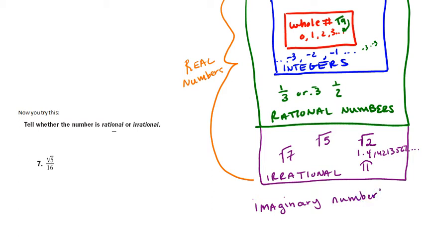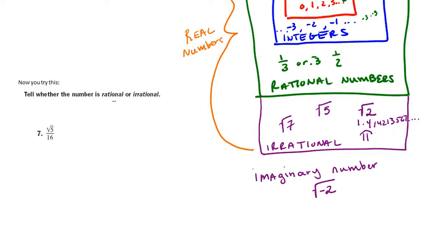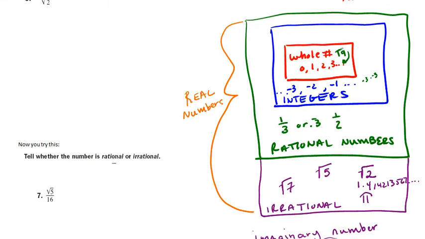Imaginary numbers don't fit into any of those categories, and they're numbers like the square root of -2. Now why would that be imaginary? Well, for it to be a square root, it needs to be something times itself. Well, 2 times 2 would not be -2. And in fact, -2 times -2 would not be -2, because a negative times a negative is a positive. So we call this an imaginary number. So these are our categories of numbers.